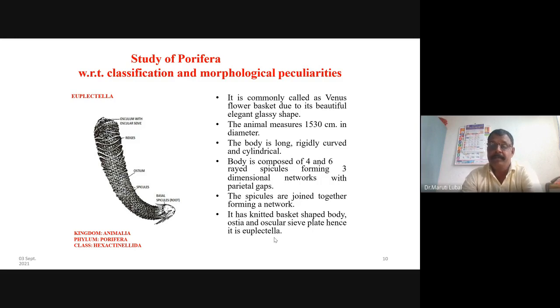Body is composed of 4 to 6 rayed spicules forming three-dimensional networks with parietal gaps. The spicules are joined together forming a network. It has a knitted basket-shaped body, ostia and oscular sieve plates, hence it is called Euplectella.